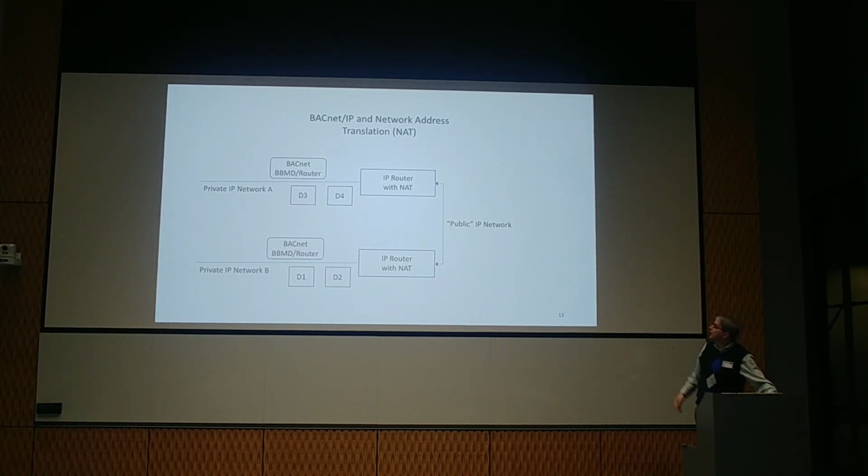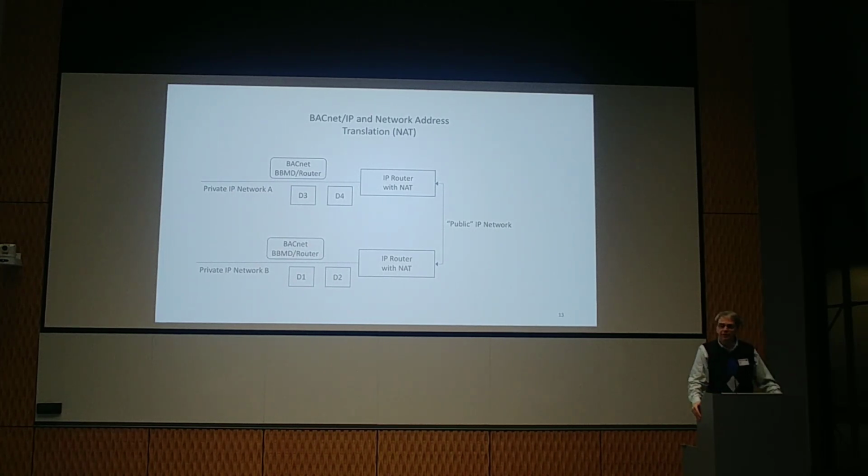If there are things that you're worried about that are happening on the public IP network that you don't want to spill into your BACnet network, in particular the two private networks on the left, then you're going to need to configure some firewall rules in your routers. There are just a lot of things that you need to get right to make the communication work and make it safe.